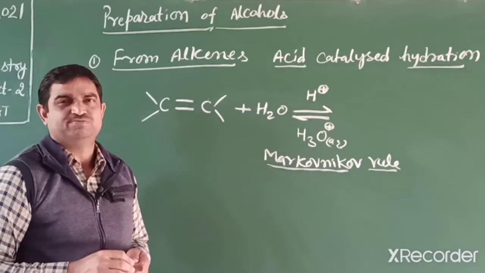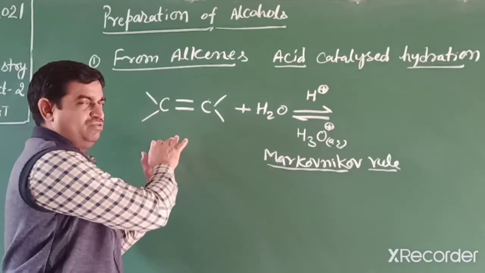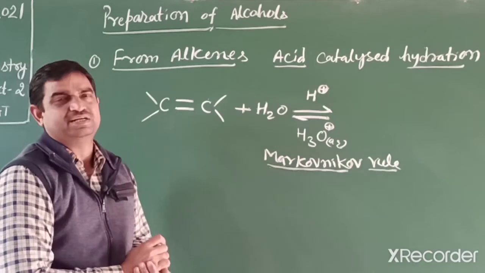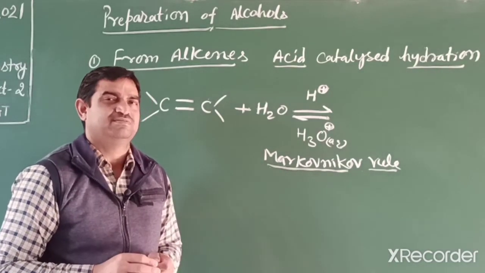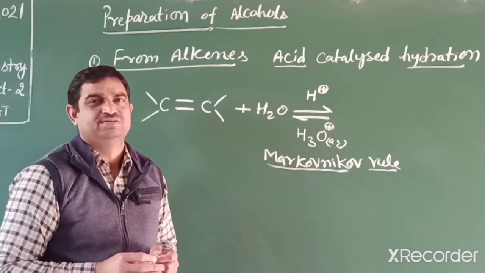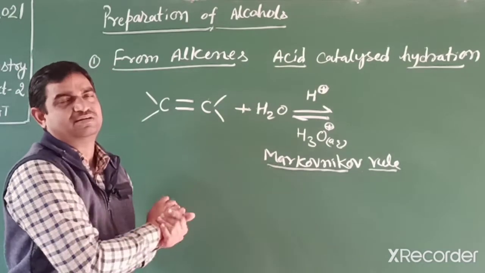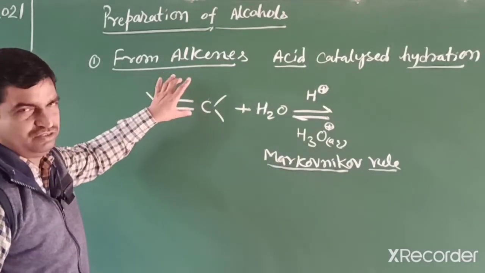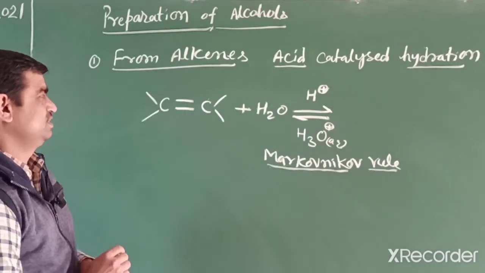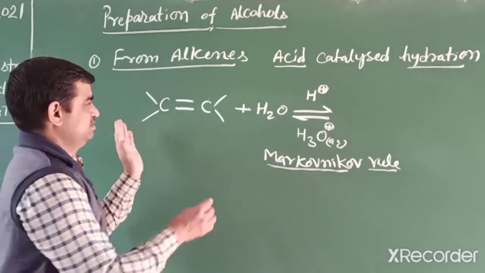What is Markovnikov rule? When adding to any unsymmetrical alkene, the more electronegative element attaches to the carbon having fewer hydrogens, and hydrogen attaches to the carbon having more hydrogens. So the alkene should be unsymmetrical. If it is symmetrical, then no problem.